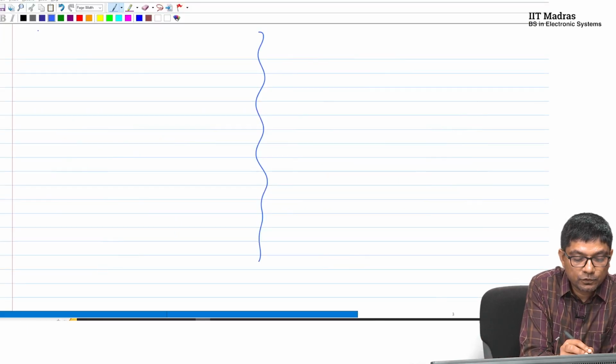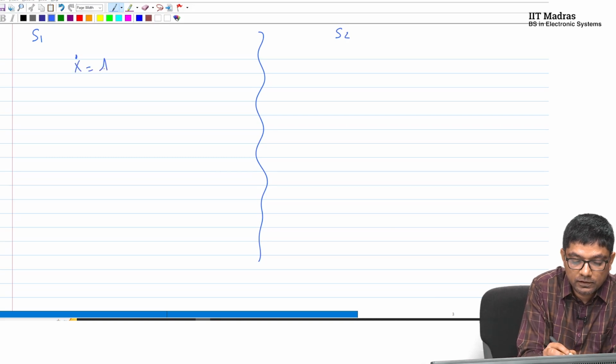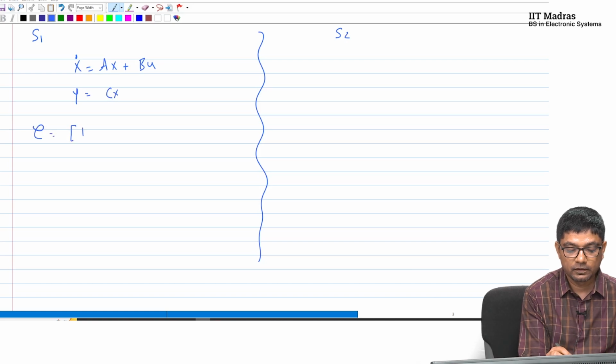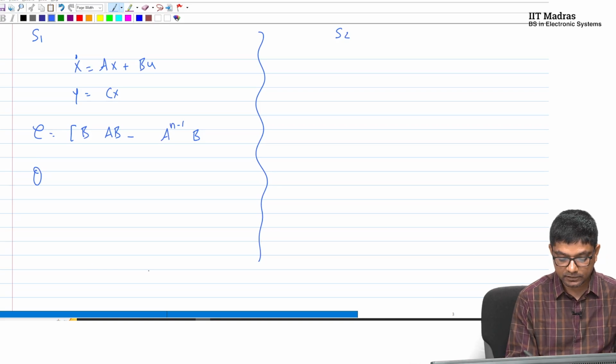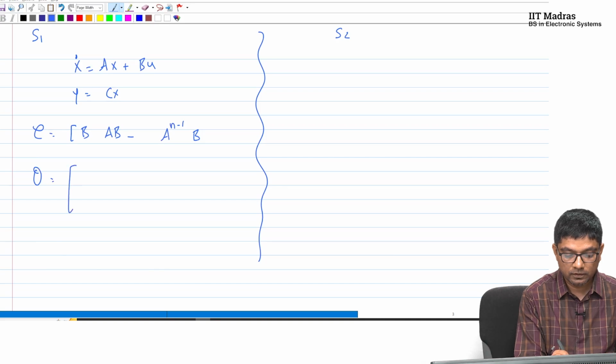Okay, let us understand the duality business through two systems S1 and S2, where x dot is Ax plus Bu, y equal to Cx. Here the controllability matrix would be B, AB, up to A^(n-1)B, and the observability matrix was of the form C, CA, up to CA^(n-1).